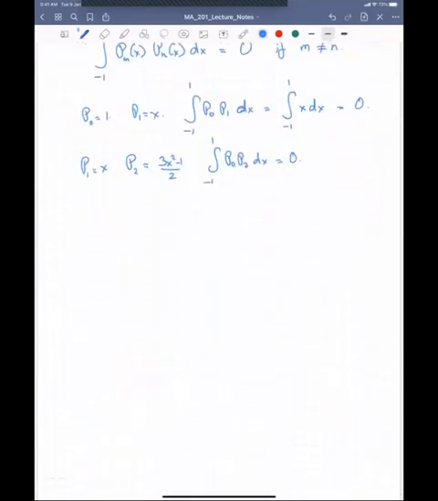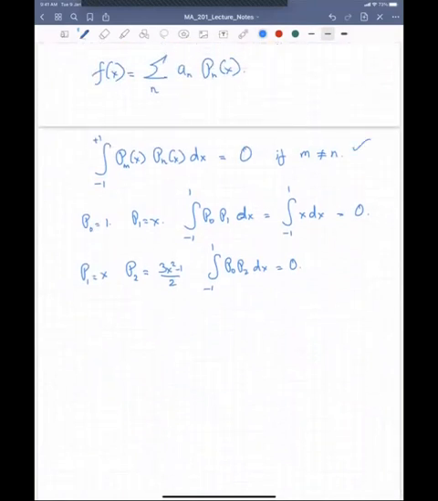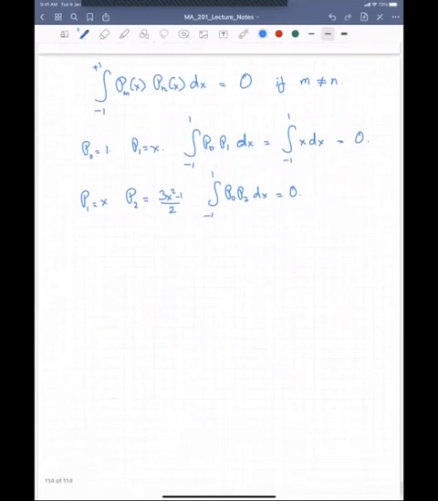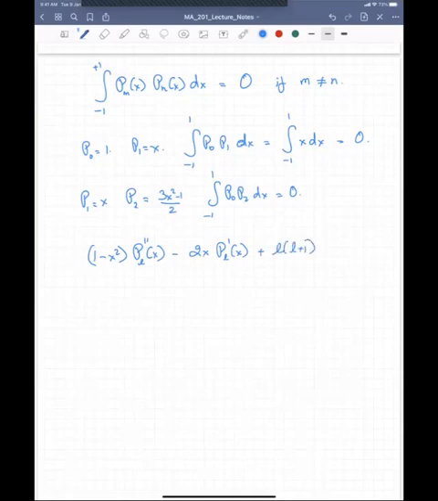But first, I will tell you a few words about how to understand this relation, how to understand that these are actually orthogonal functions. To do this, let us go back to the very beginning and start with the differential equation for Legendre functions. PL double prime minus 2x PL prime of x plus L(L plus 1) PL equals 0.